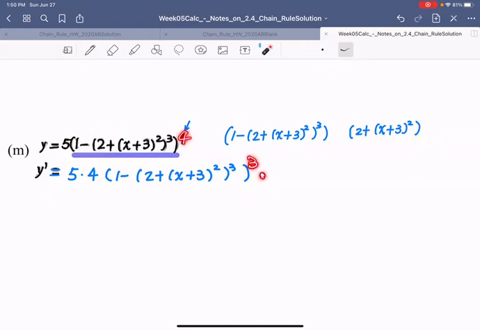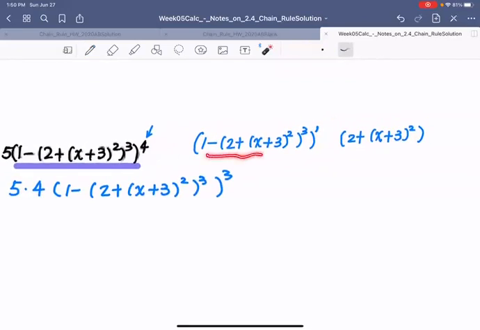And then you want to multiply by this one's derivative. So who is this one's derivative? Look, that's a constant. The derivative of this is 0. You can let it go.